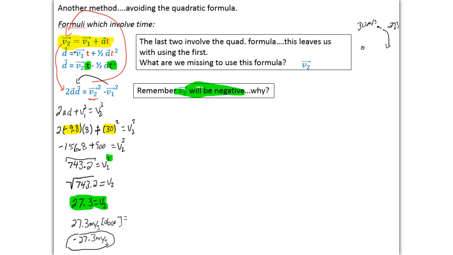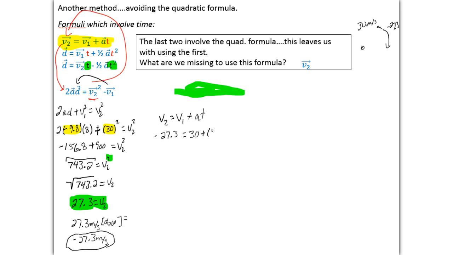Remember what we had said: we would find the V2 and put it back in up here. So V2 equals V1 plus AT. V2 is negative 27.3, our V1 is 30, our acceleration is negative 9.8, and we're going to find time.